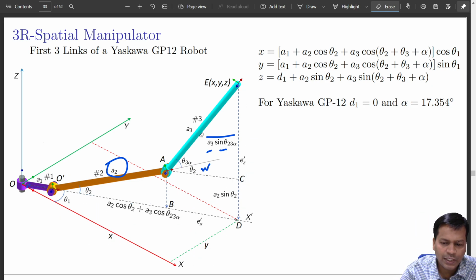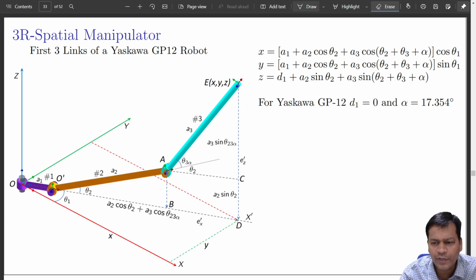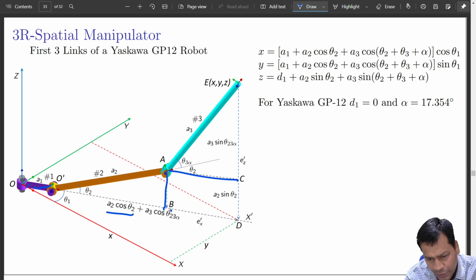Very good. So now we have done the forward kinematics part of this using simple trigonometrical projections. Once again, this is A1, this is the projection of this, so this is A2 cos theta 2. Then how much is this? The same, that is A3 cos theta.